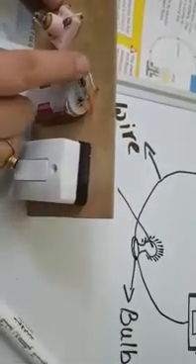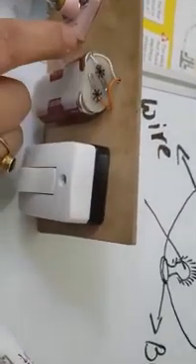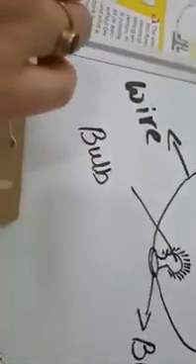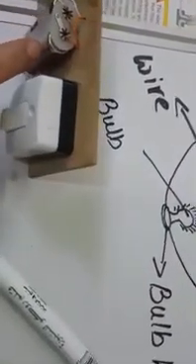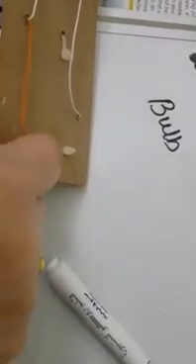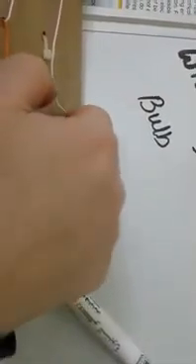See here the white wire which is connected to the battery and directly goes to the bulb, and here the orange wire which is also connected to the battery and directly goes to the switch, and then from the switch directly goes to the bulb.